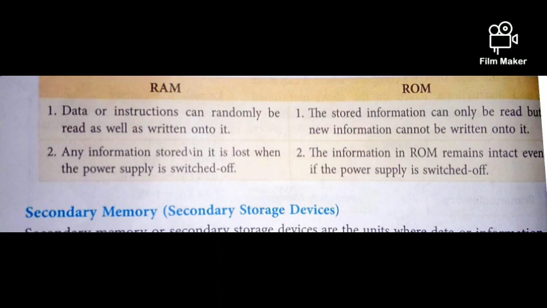Next, any information stored in RAM is lost when the power supply is switched off. This is the meaning of volatile. The information in ROM remains intact even if the power supply is switched off.